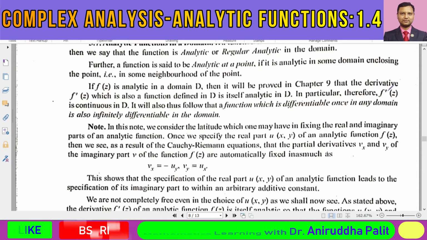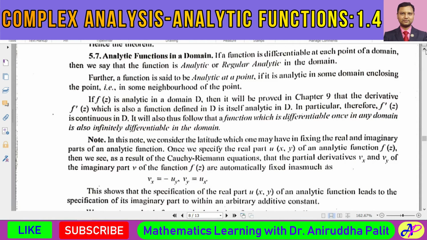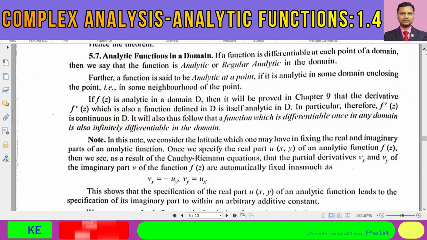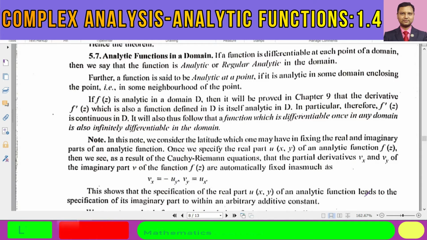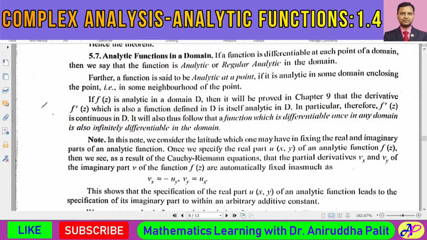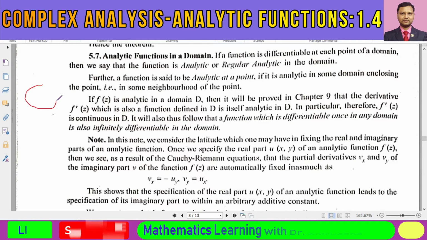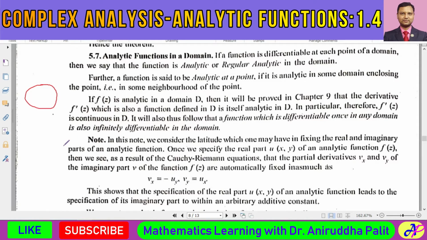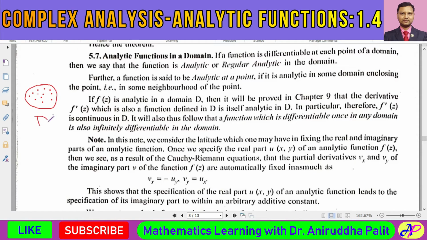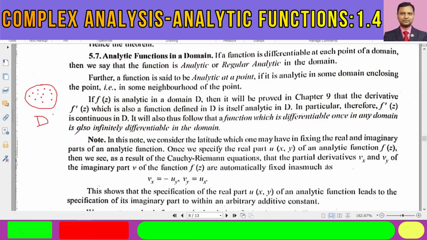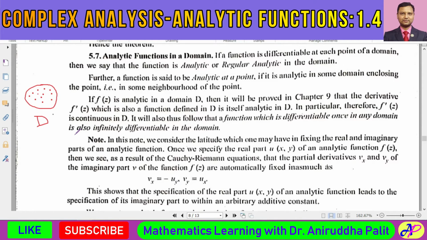Now let's discuss a little bit about the analytic function, because I already introduced the definition of analytic function in the previous class. I told you that if a function is defined on a certain domain, an open connected set, and at each and every point the function is differentiable, then we say that the function is analytic throughout the domain, suppose D. This was the definition of analytic function.